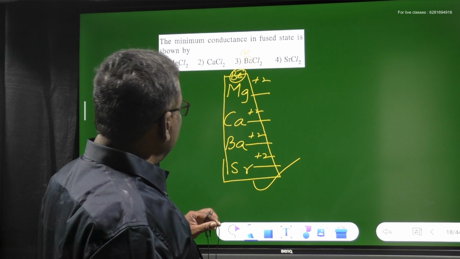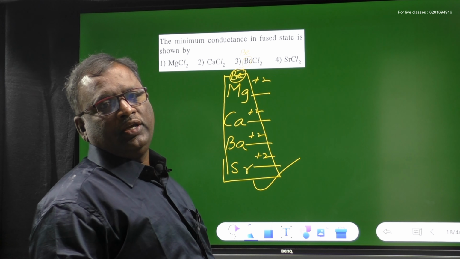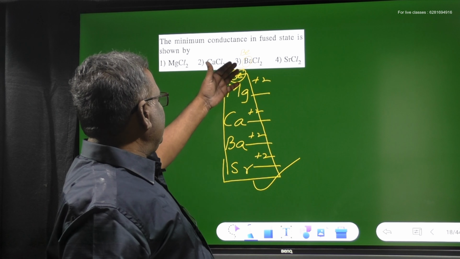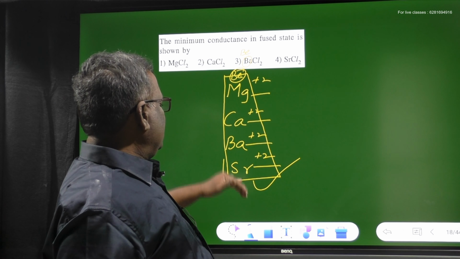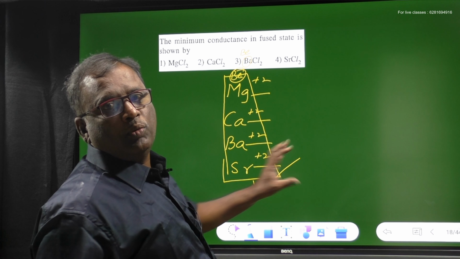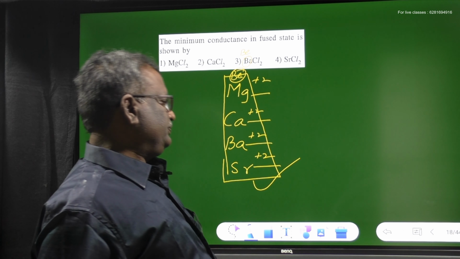If it is beryllium, since it is a covalent compound, it will conduct minimum. If instead of beryllium, barium is considered, its ionic size is more, so its mobility will be less, so it will conduct minimum electricity.